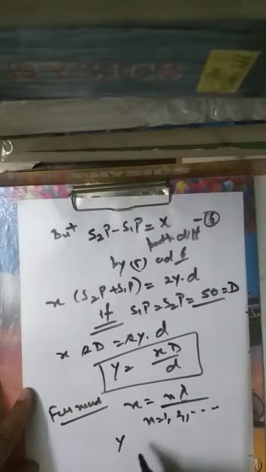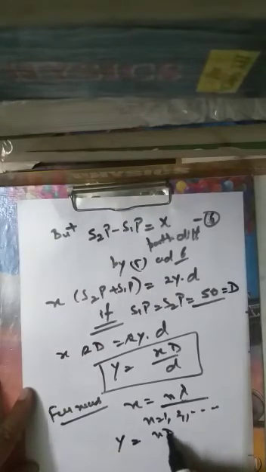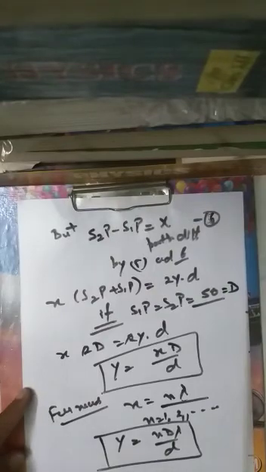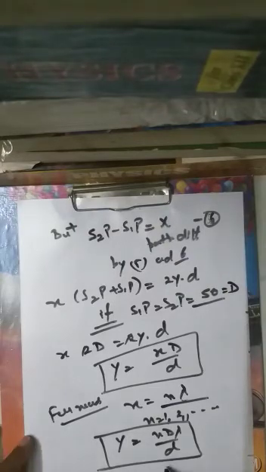Then y is equal to n D lambda upon d. This is the formula for maxima and fringe width for the nth fringe.